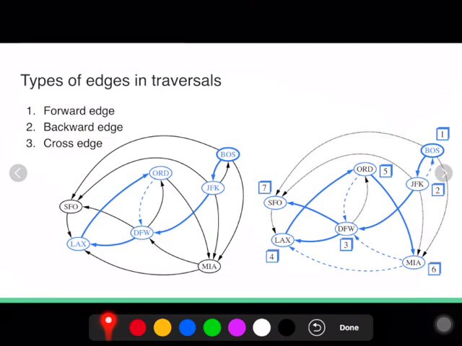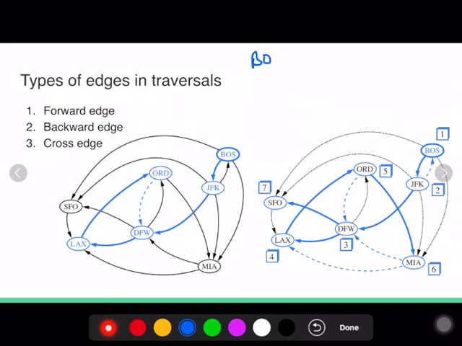So a cross edge is nothing but the edge that is there between the siblings. In order to explain this, let's reframe the definitions of forward edge, back edge and cross edge. When we represent this in the form of a tree, a graph traversal can be represented in the form of a tree.